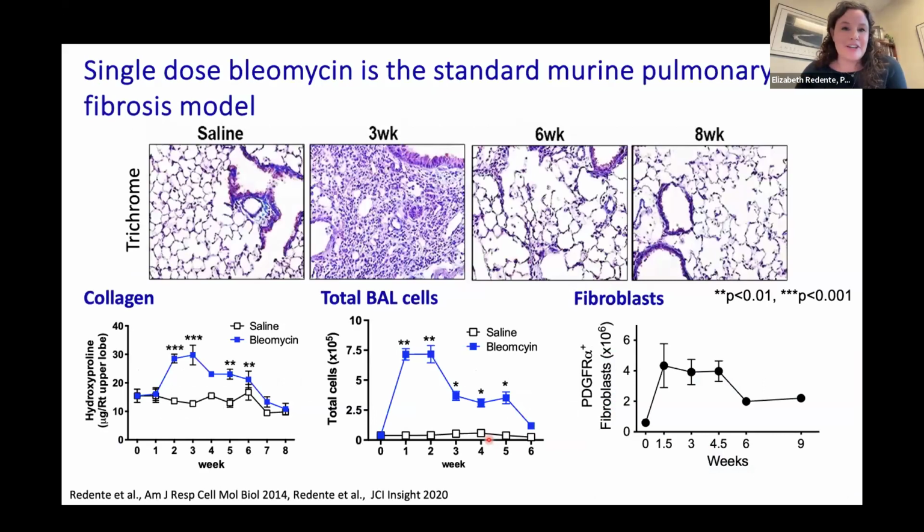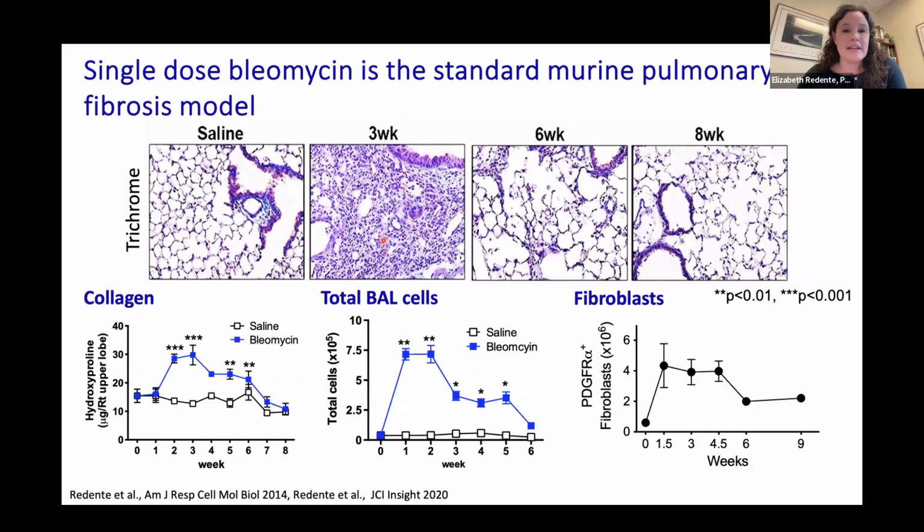So I want to start our model talk with the really most common and standard model that's found in the literature. And this is the single-dose bleomycin model, where animals receive a single intratracheal or oropharyngeal injection of bleomycin, so it goes directly to the lungs. We can see, looking at these trichrome images along the top, that the animals develop a really robust fibrotic response by about 3 weeks.